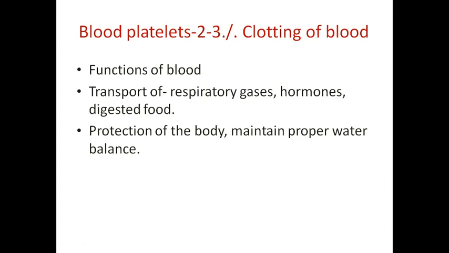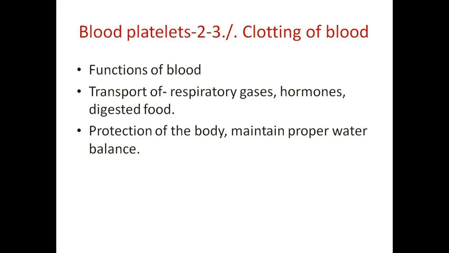Next are the functions of the blood. There are different functions carried out by our blood. It transports respiratory gases, hormones, digested food, and nitrogenous excretory products like ammonia and urea.